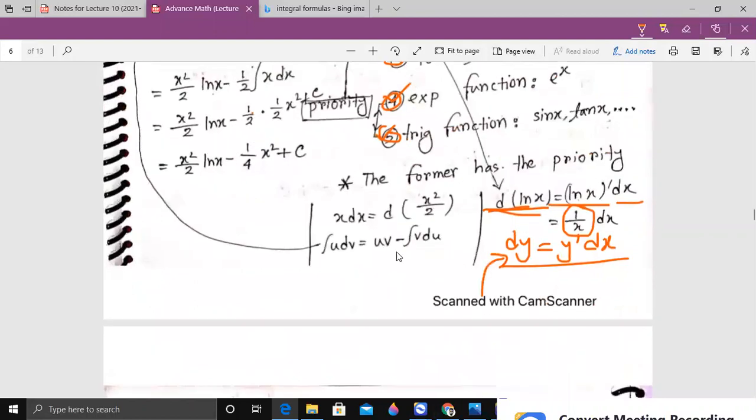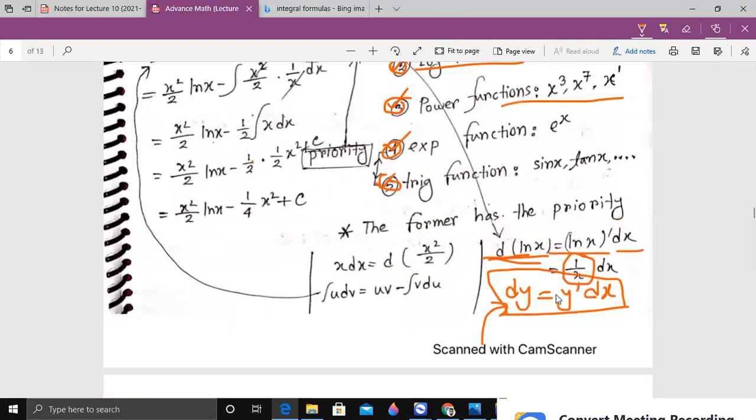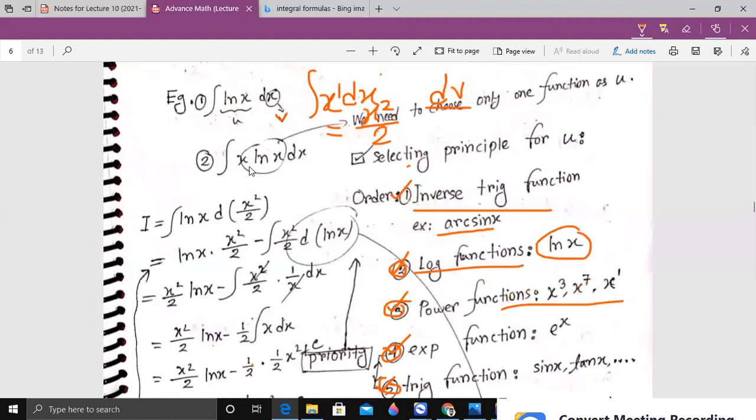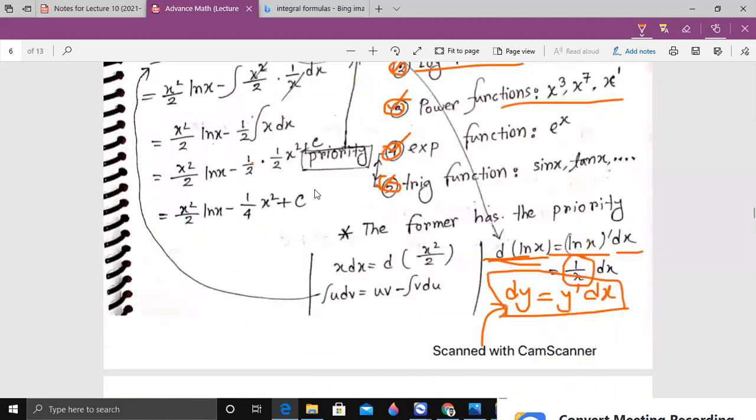So we know this formula. dy is equal to y derivative dx, right? And in this part of the question, we have u and dx, u and dx.